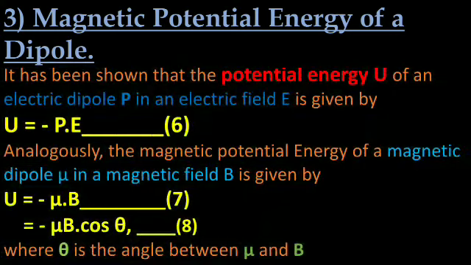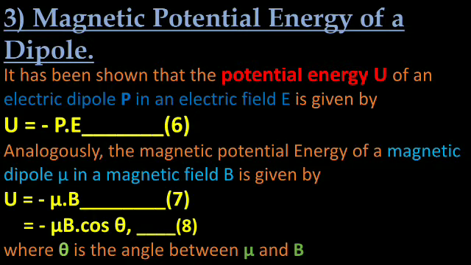It has been shown that the potential energy, here considered as capital U, of an electric dipole P in an electric field E is given by U is equal to minus P dot E, where P is the electric dipole moment and E is the electric field. This equation we will study in the chapter electrostatics, where we will derive it. So now just write this equation and label it as equation number 6.